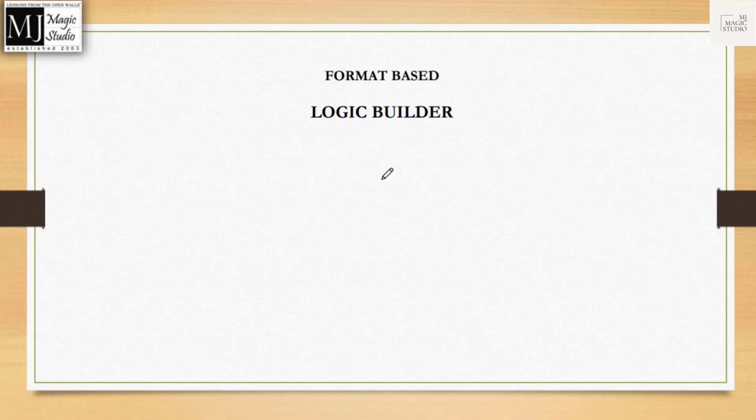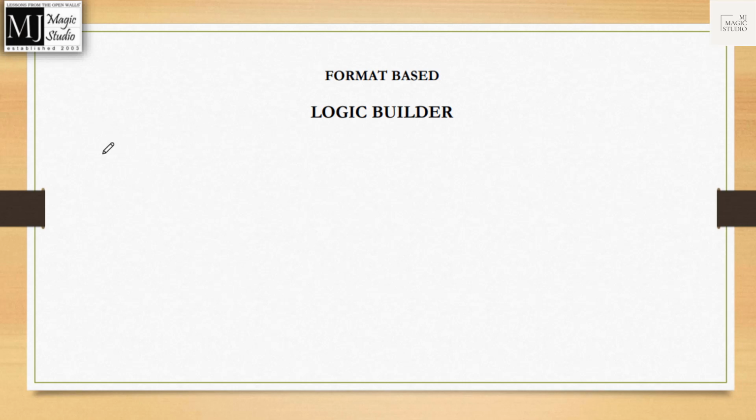Now there is an interesting logic which we should understand so that we can use whatever we have learned in format-based problems, last digit ending with 1 to the power n, 5 to the power n, 3 to the power k, 7 to the power k, 9 to the power k. And what is this?